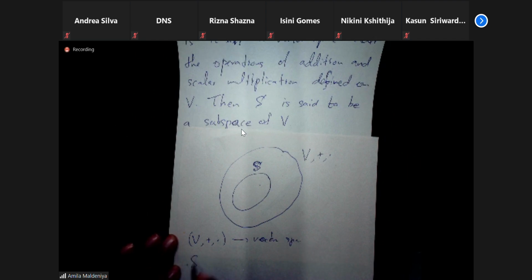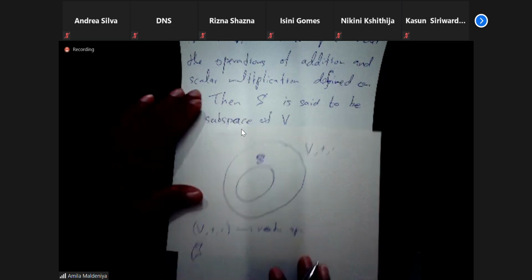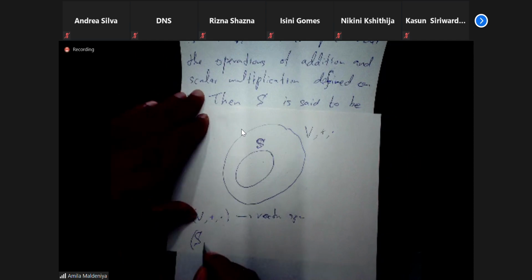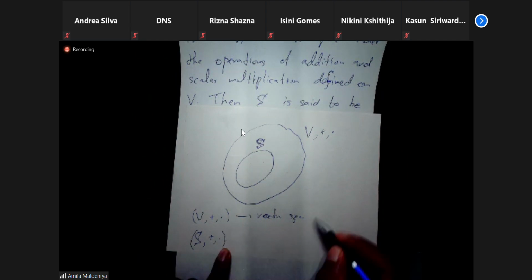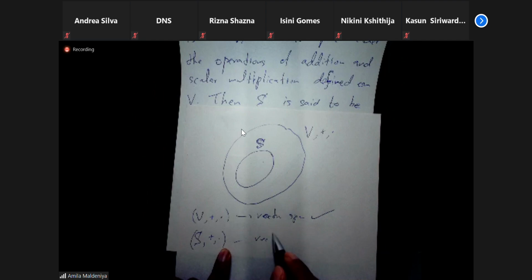Now what we are looking at is whether S is a vector space. In order to be a vector space, we should have addition and scalar multiplication. Now can we say S is a vector space? It has addition and scalar multiplication. That's fine. Can we say now this is a vector space?